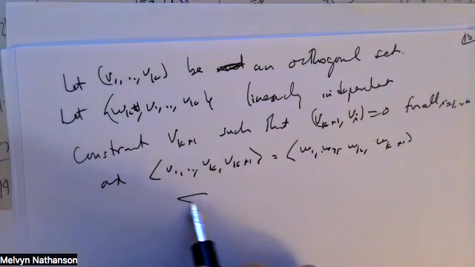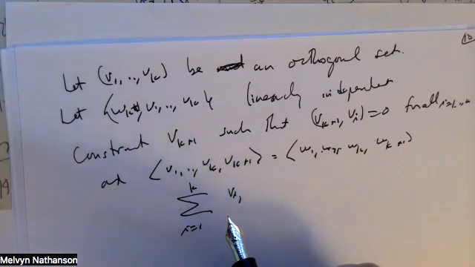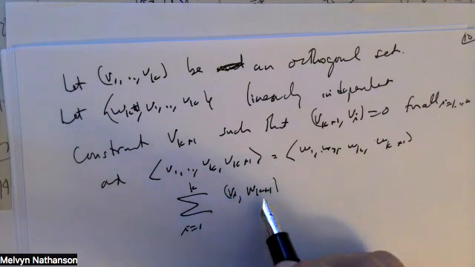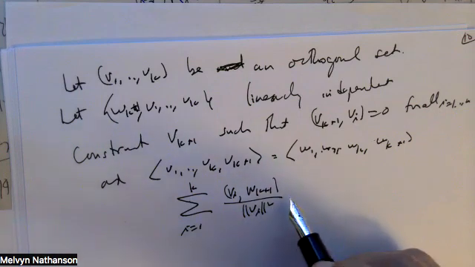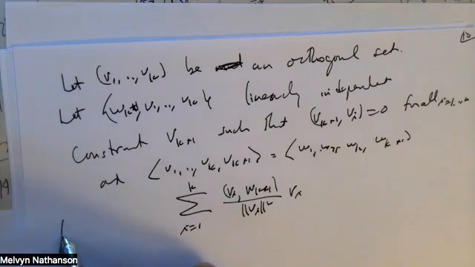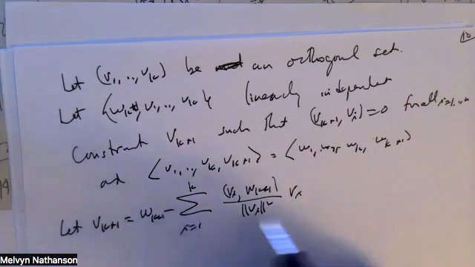So let's construct or compute the sum, i goes from 1 up to k, of each of the Vi's inner product with Wk+1, divided by the length of Vi squared, times Vi. And let Vk+1 be equal to Wk+1 minus this.